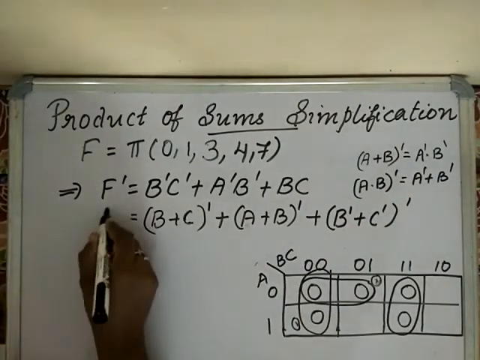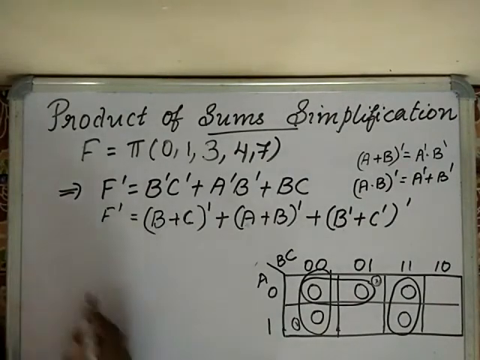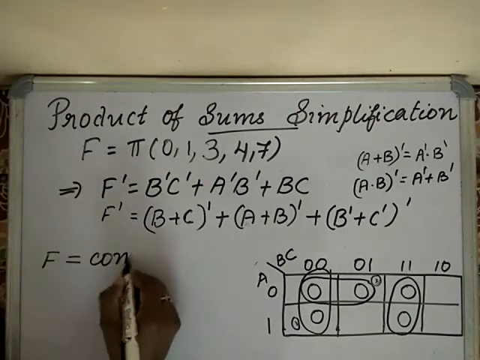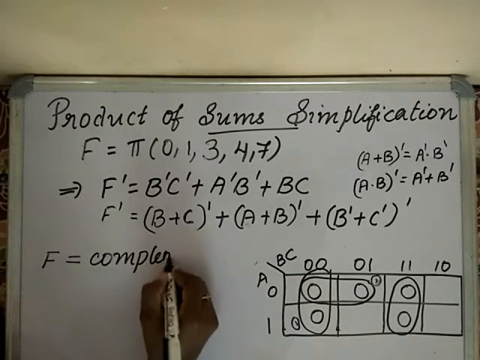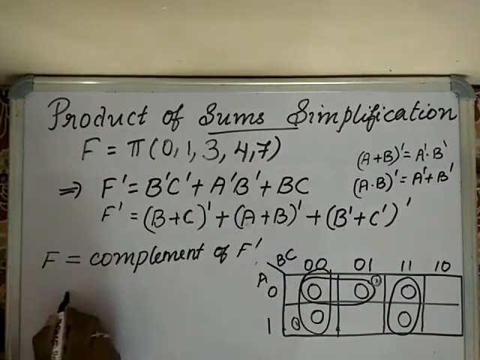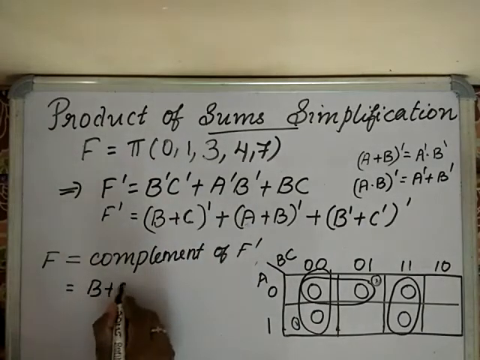This is the complement form. In order to get the function, we have to take the complement of f dash. So the complement of b plus c, the whole complement, will be b plus c.